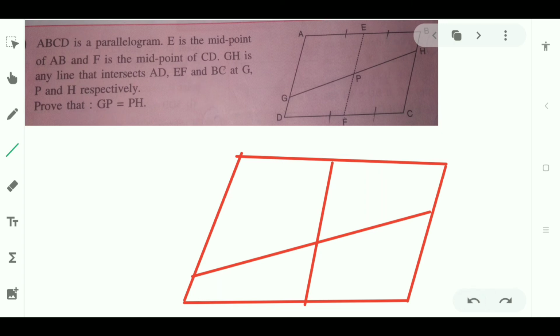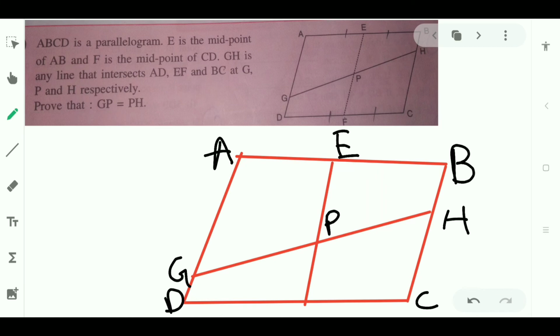Okay, we have to prove this: GP is equal to PH. First let us name this quadrilateral D, A, G, P, E, C and C, H and B. Now they are asking to prove GP is equal to PH. We have to prove this one.